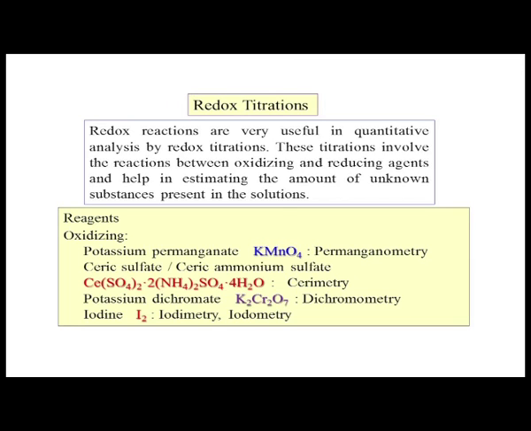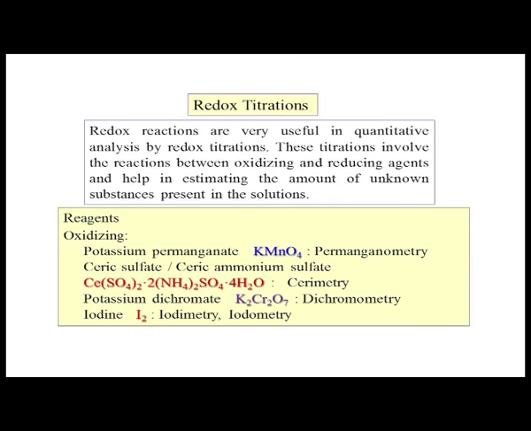Now, the next stage of knowledge or information we can have is how much chromium is present in that particular species. The amount present will be known by knowing the methodology where we analyze the sample quantitatively, and one such procedure is by doing redox titrations.